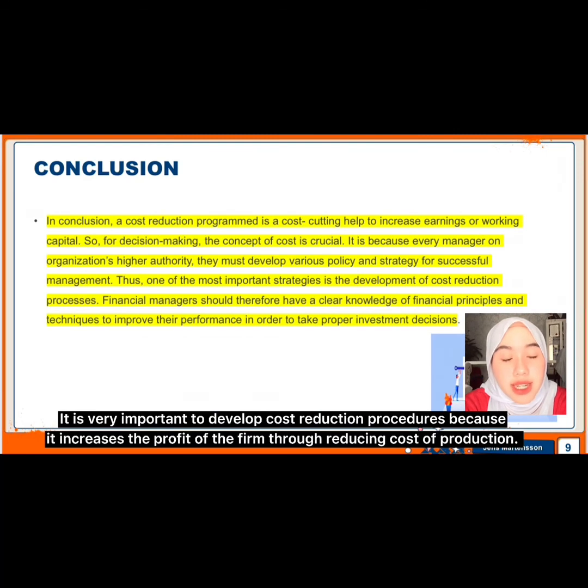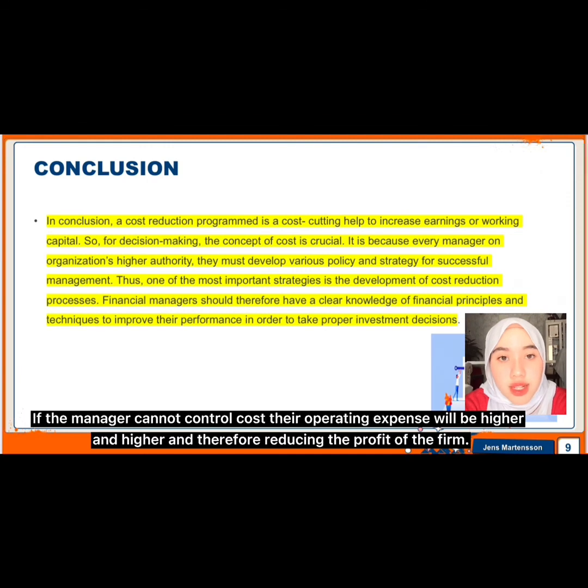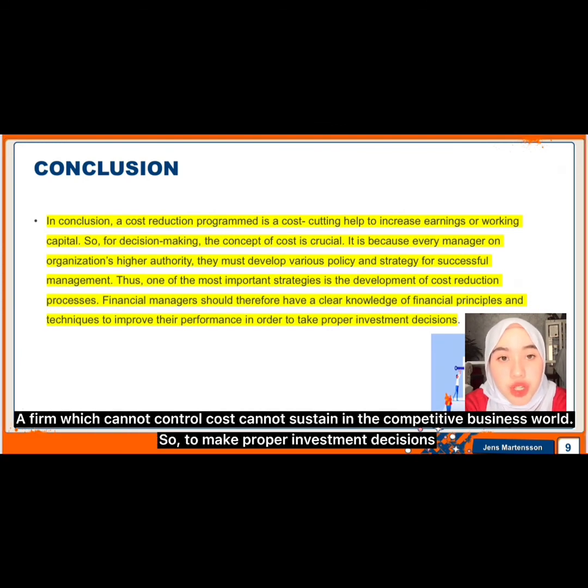It is very important to develop a cost reduction procedure because it increases the profit of the firm through reducing costs of production. If the manager cannot control costs, their operating expense will be higher and therefore reduce the profit of the firm. A firm which cannot control costs cannot sustain in the competitive business world.